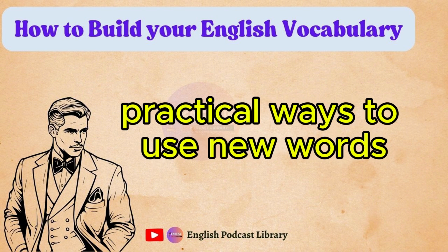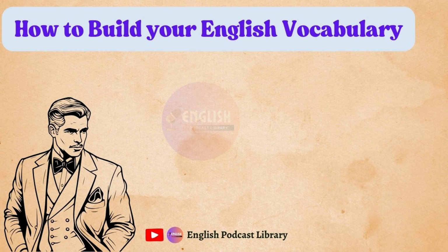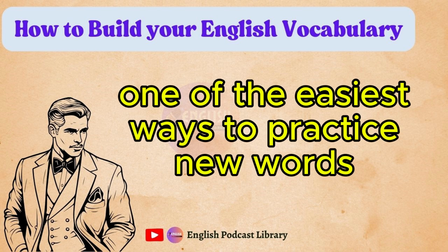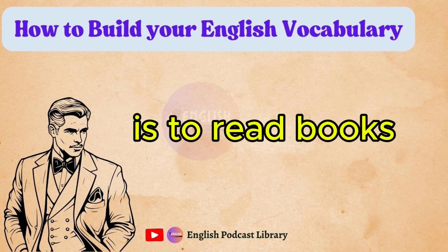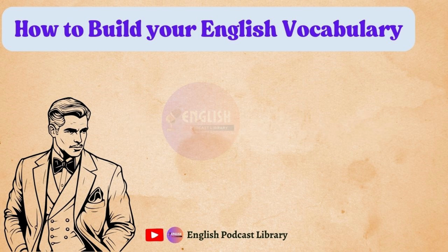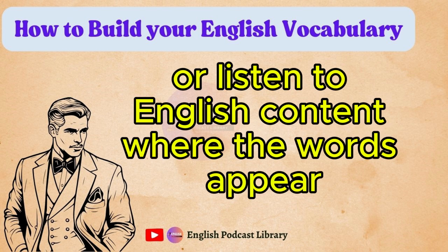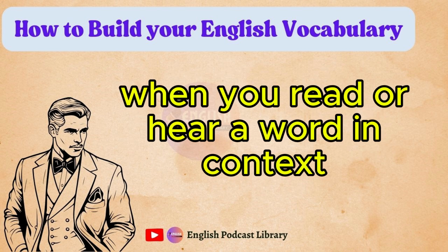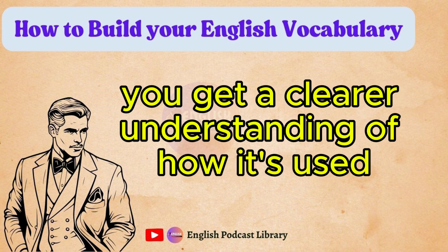Practical ways to use new words. One of the easiest ways to practice new words is to read books or listen to English content where the words appear. When you read or hear a word in context, you get a clearer understanding of how it's used.